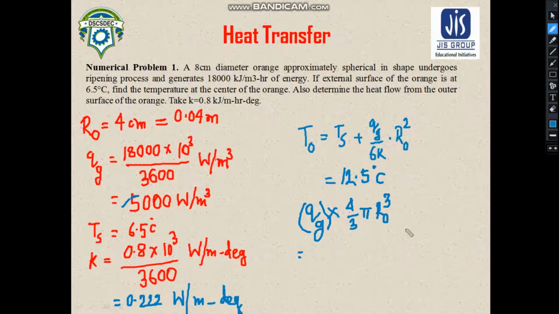We just simply need to multiply this Qg with the volume, as we have already told you while discussing the one-dimensional steady state equation for spherical surfaces with thermal energy generation, the heat transfer is only because of this thermal energy generation. So the heat flow from the outer surface is because of this internal energy generation, which can be simply calculated from this formula.